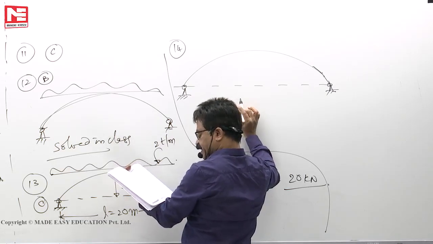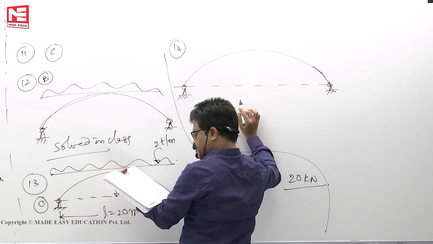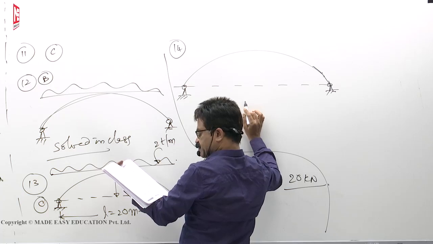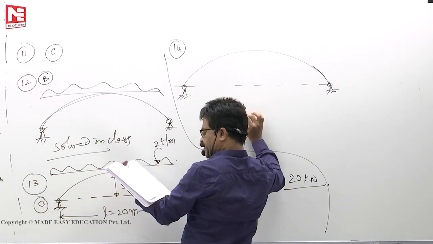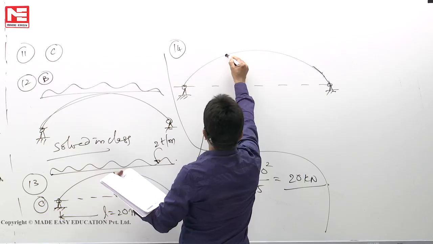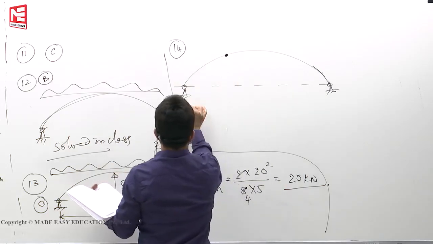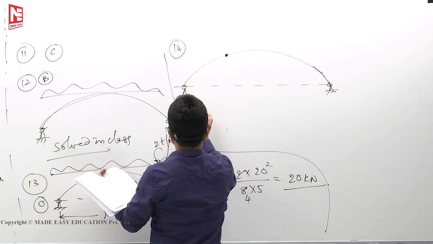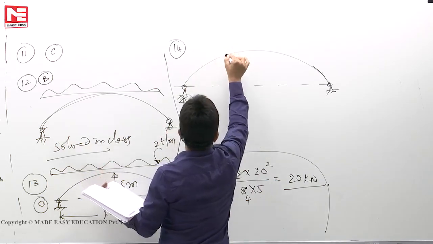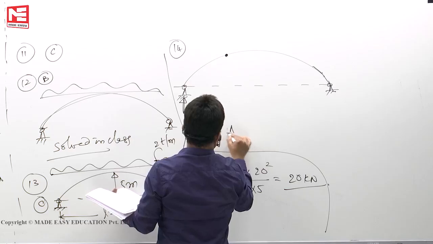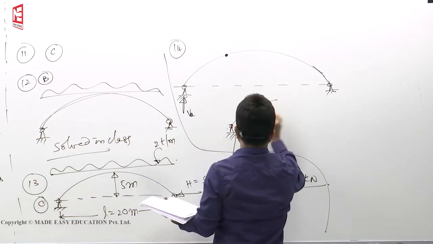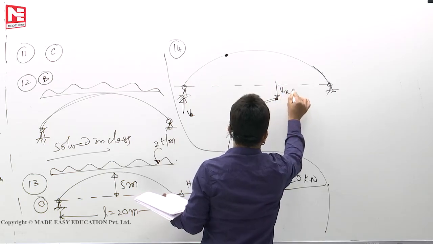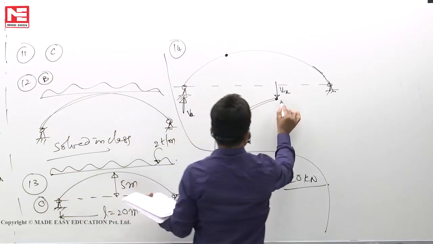Alpha is the angle of tangent at the point on the arch with the horizontal. The shearing force at the section from the left hand side is given by, supposing this is the sum of forces, Vx is upward. On the left hand side free body diagram, Vx will act downward. Next, horizontal thrust is H.